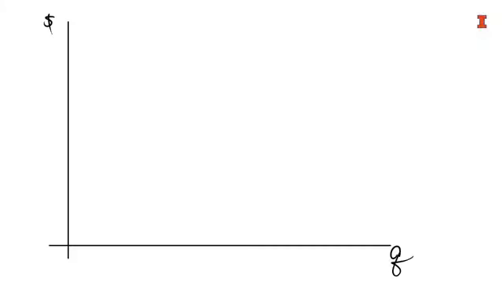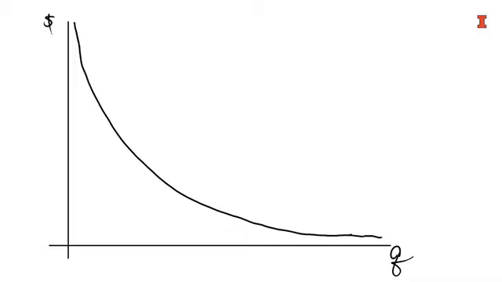Okay, so we've got the two curves now. Let's put them together. We want to build an average cost. We now know that we have an average fixed cost curve that looks like this. We have an average variable cost curve that's got some general U-shape to it.